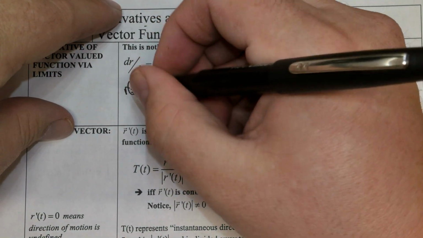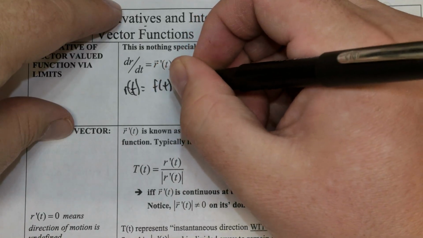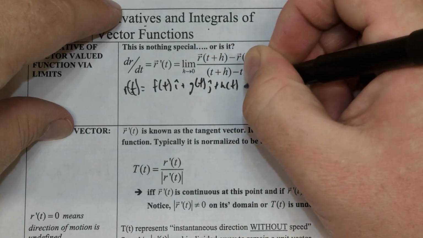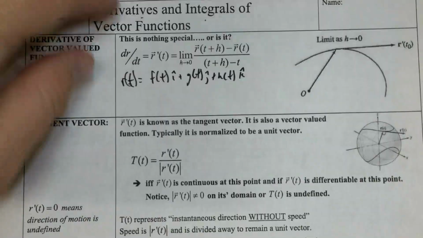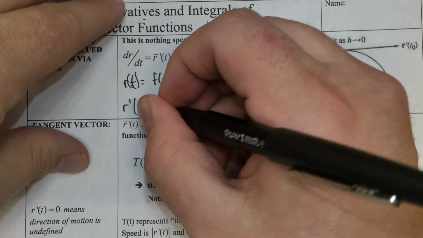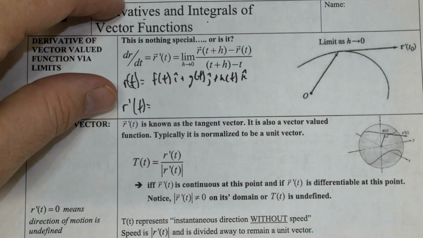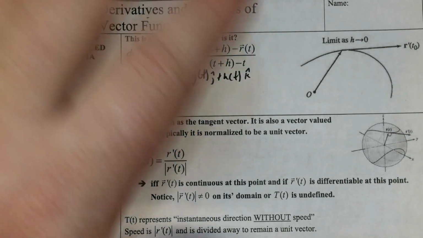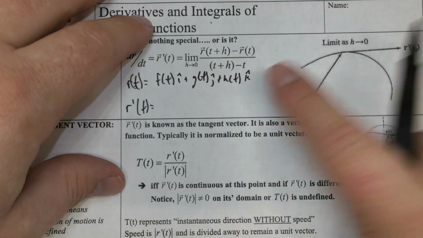Often, r of t will be broken as f of t i, g of t j, and h of t k. That's one way to think of it. And so if I want to take this derivative, I will just have r prime of t. Since these are three independent functions, they do not rely on each other, but they all rely on t.